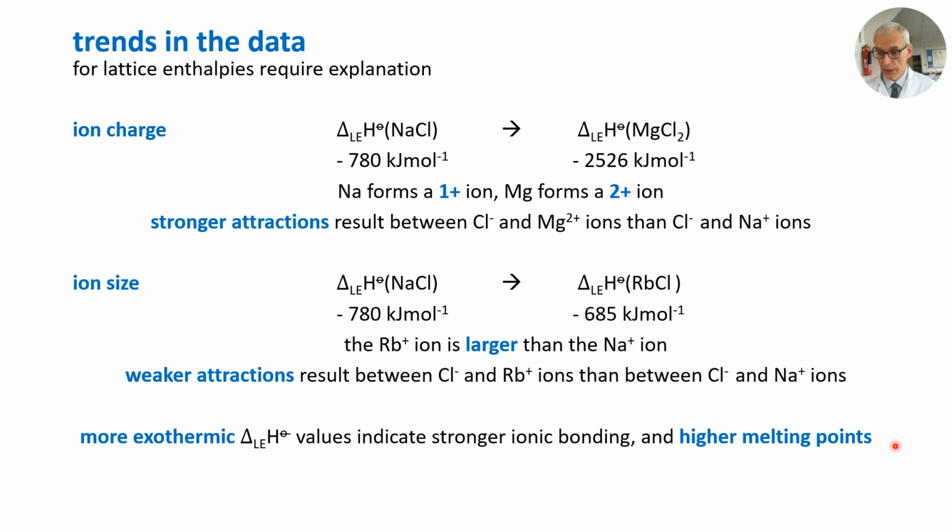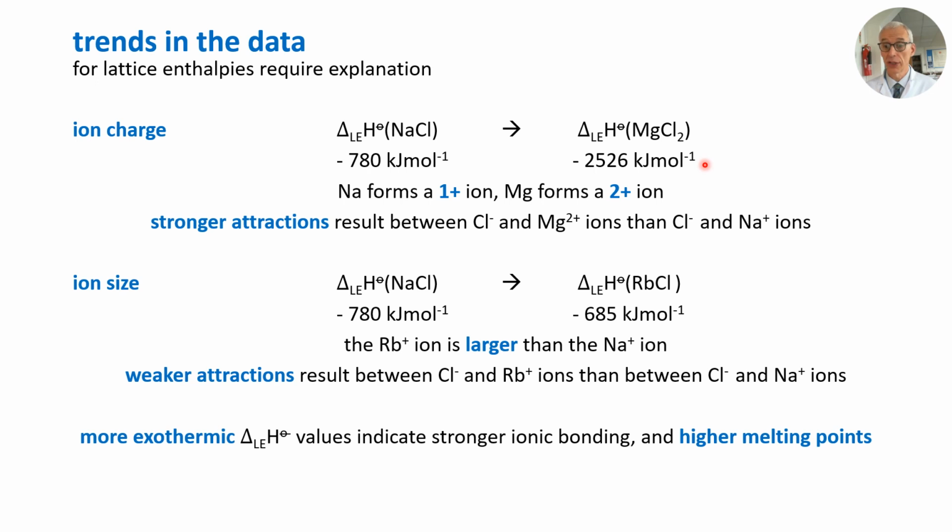Bear in mind that the stronger the ionic attractions, the more exothermic the lattice enthalpy values will be, that is, more negative. So the more negative the lattice enthalpy value, the stronger the ionic bonding.